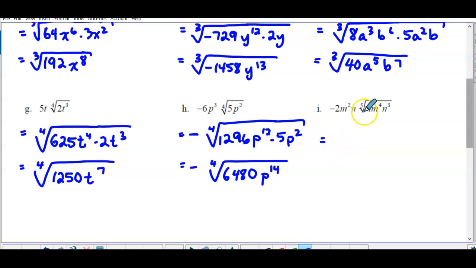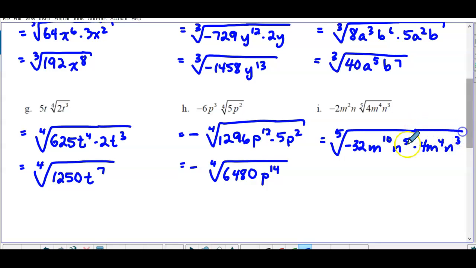And then last one, negative, but it's an odd index, so we will incorporate that back into the radicand. Negative 2 to the 5th is negative 32. M squared to the 5th is m to the 10, n to the 5th, times 4m to the 4th, n cubed. 32 times 4 is 128.